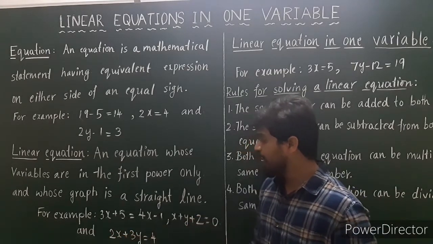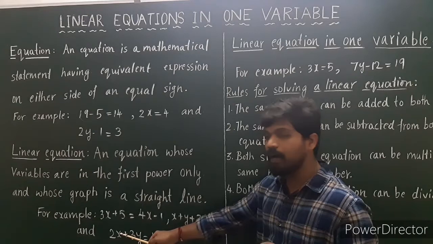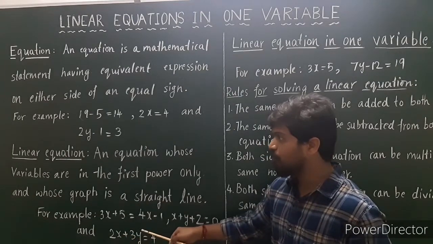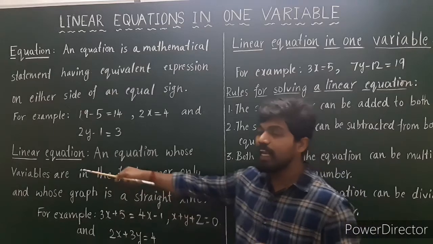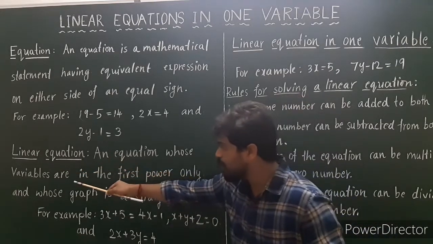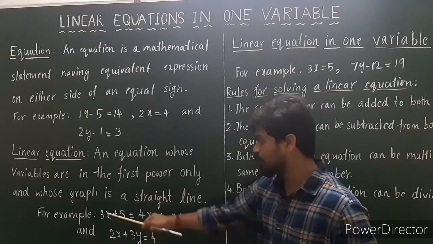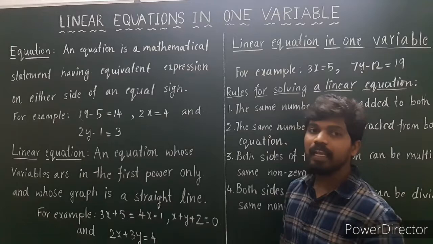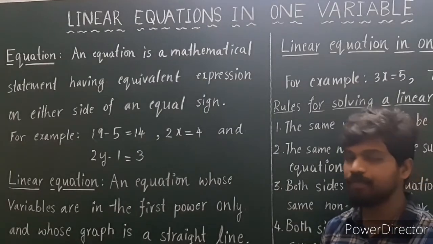It is also a linear equation, since the power of x is 1 and the power of y is also 1. So an equation whose variables are in the first power is a linear equation.